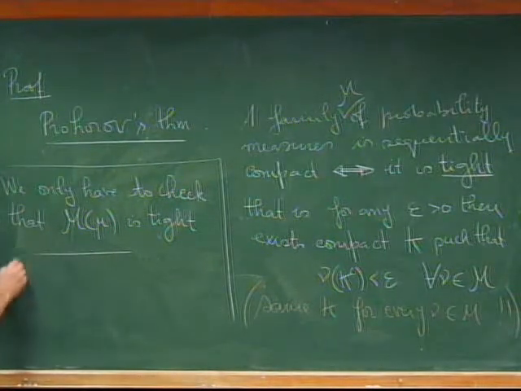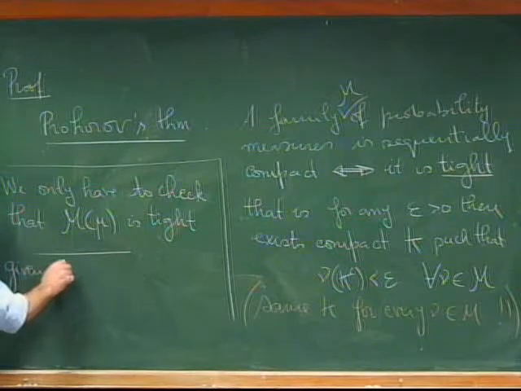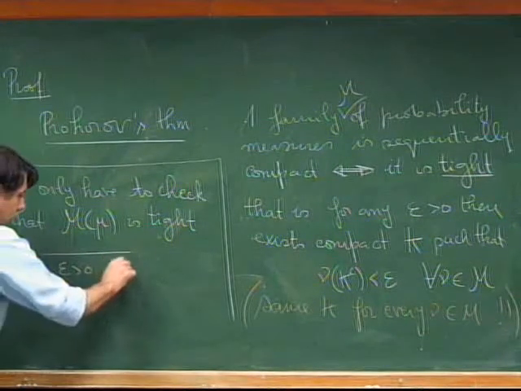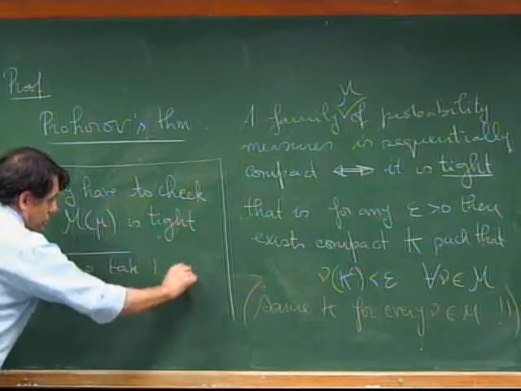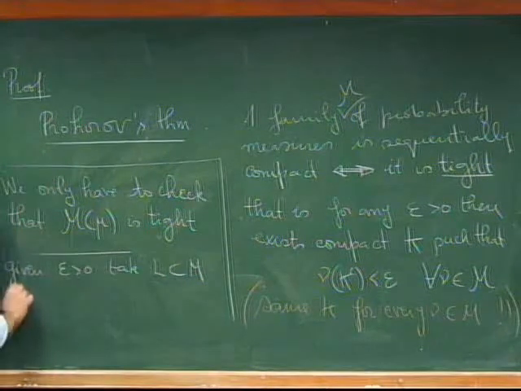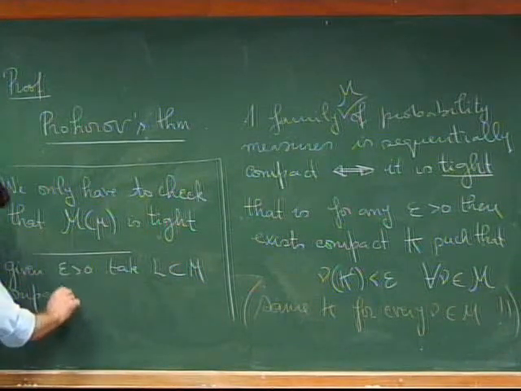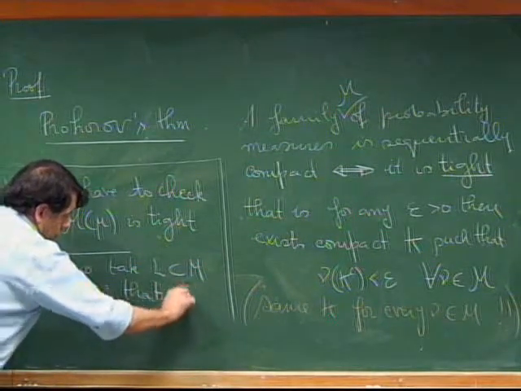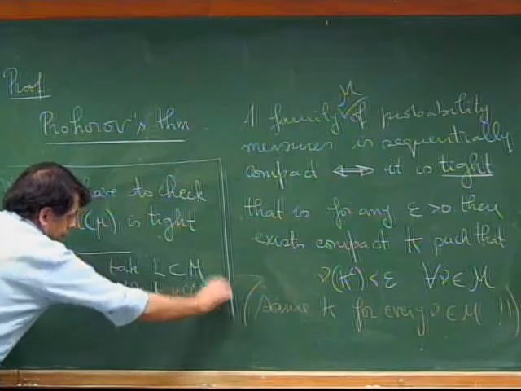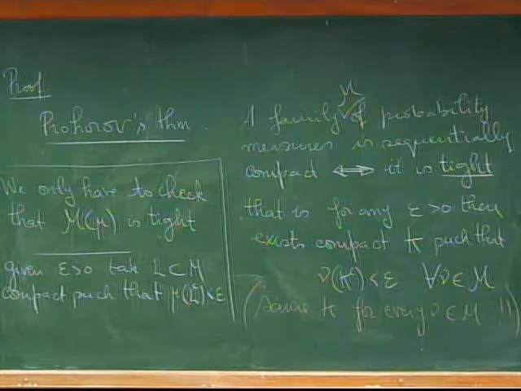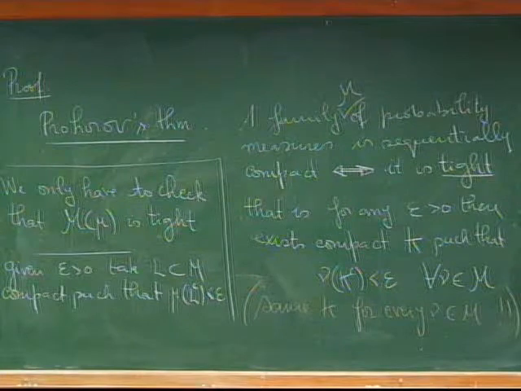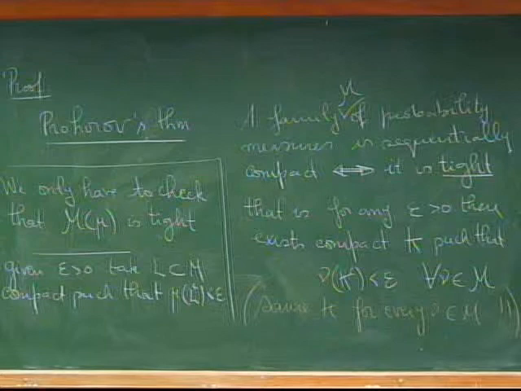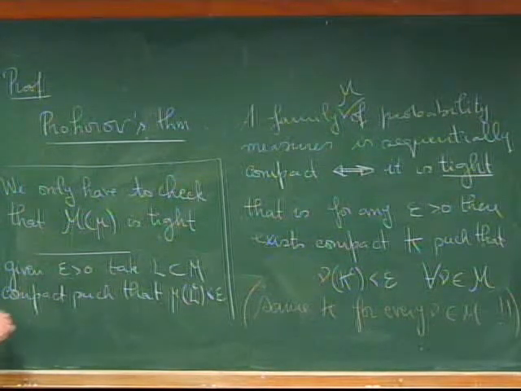For any given epsilon, take L compact such that mu of L complement is less than epsilon. For one mu, that's general. On any metric space separable complete, that's general. For one measure.